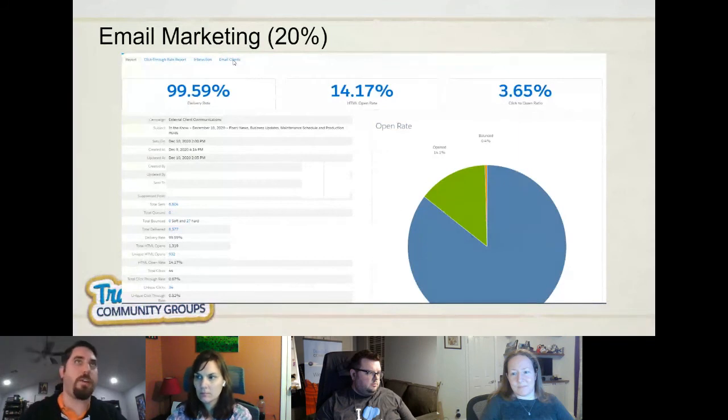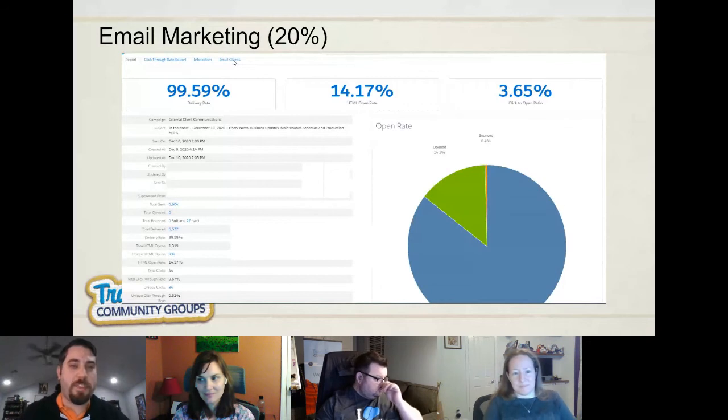I wish I could do it here, but it's a little bit difficult. Like I said, the sandbox doesn't allow for email sends, and if I can't send an email, I can't show you these stats and how to find them. But there's a lot of data that you can find from the email send tab, within each email send that you send out.